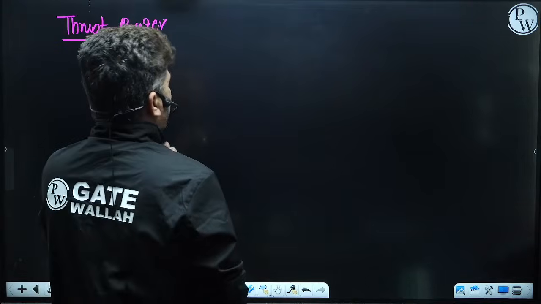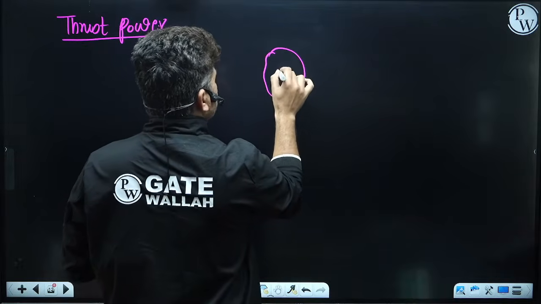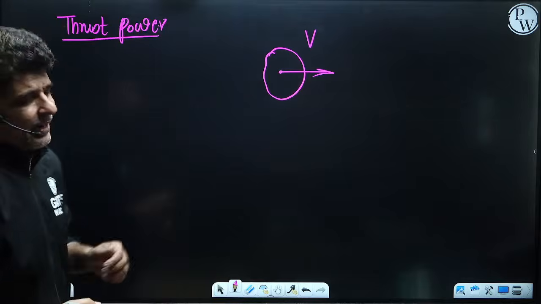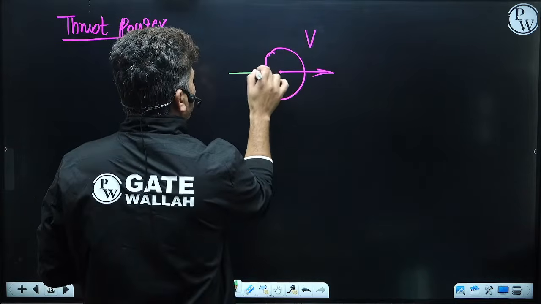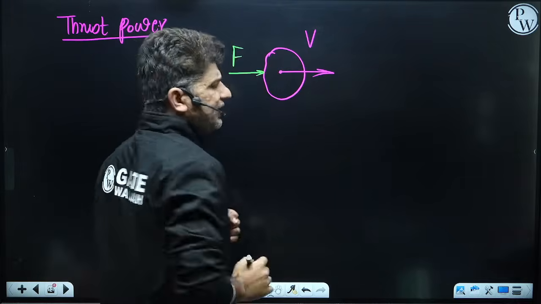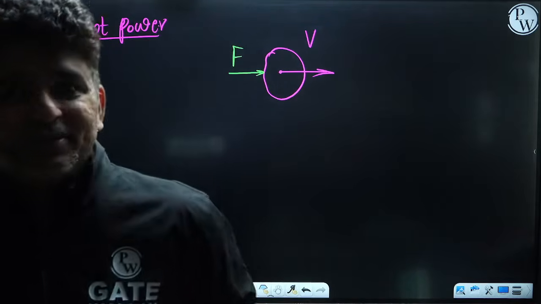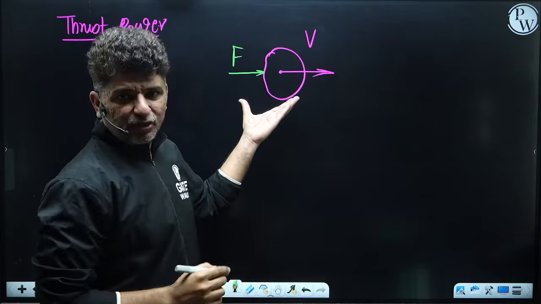If there is an object moving with a velocity v, and on this object a force F is applied, can anybody tell me what is the energy that we are imparting to this vehicle per second? What will be the power that you will be imparting?